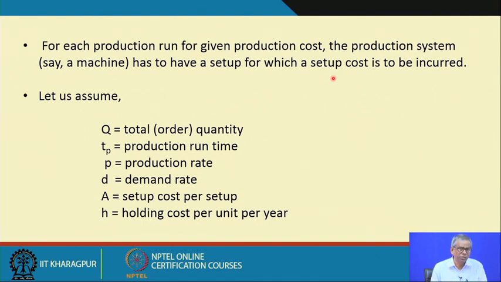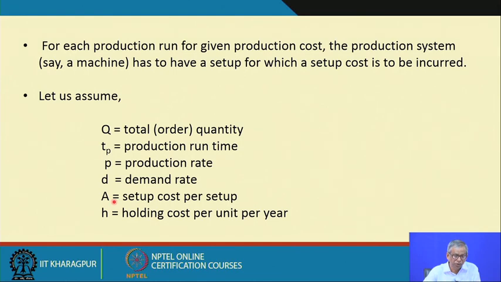Usually the setup cost is estimated on a per setup basis. So let us assume that Q is the total order quantity. You must get an expression for Q ultimately. TP is the production runtime, small p is the production rate, and small d is the demand rate or the consumption rate.